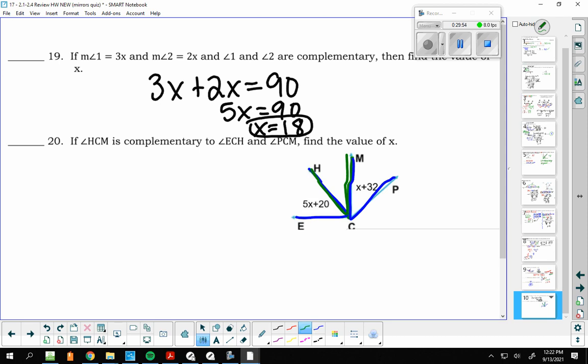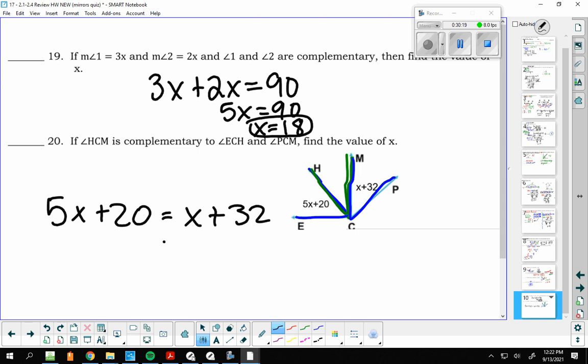So if this angle is the same, HCM, then what does it tell you about these two angles? They're the same. Do I equal them to 90? Or 180? No, they're the same. If they're the same, what does that mean in math? Oh, they equal each other. Yeah, they equal each other. Yep, because they're the same. They're congruent. They're equal to each other.